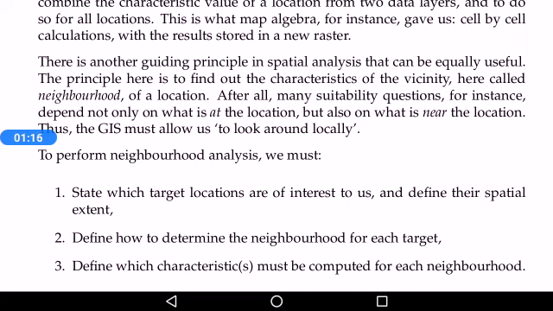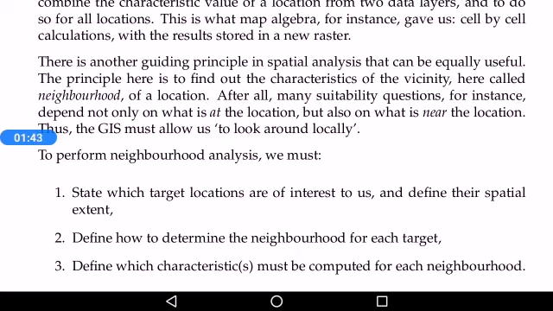Or you consider a 2-kilometer distance from the target as the neighborhood for the target? So you must first define according to you what is the neighborhood for each target. Third thing you will define is what do you want to determine, or which characteristic do you want to compute. So what are you looking for in this neighborhood?